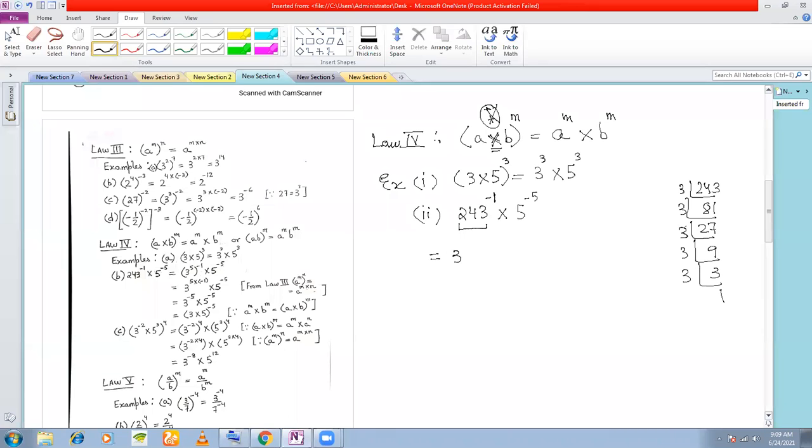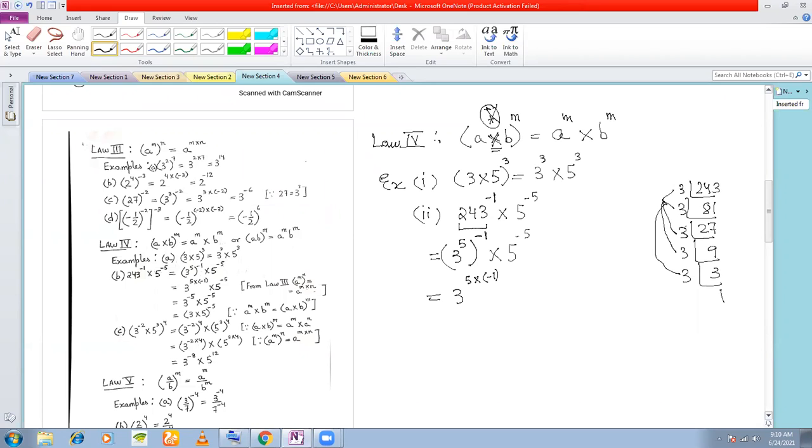So 243, you prime factorize to get 3 to the power of 5, because there are 5 threes: 3 into 3 into 3 into 3 into 3. So 243 is 3 to the power of 5. And 3 to the power of 5 has been raised to the power of minus 1, into 5 to the power of minus 5. Now what happens? This becomes 3 to the power of 5 into minus 1 from the previous law.